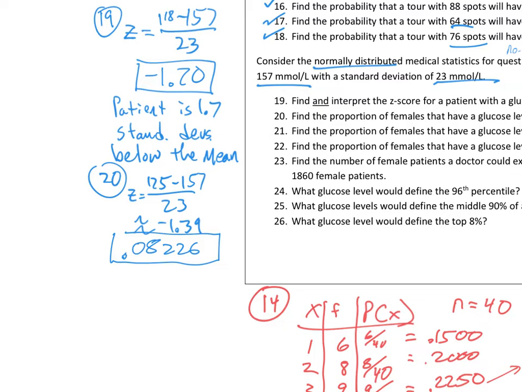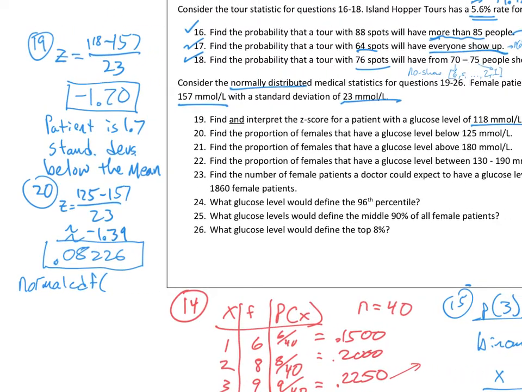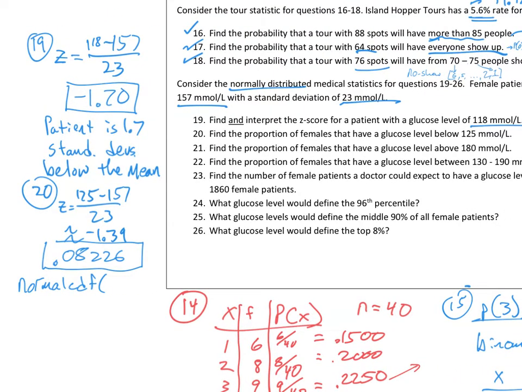Now, on our calculator, we can use normal CDF. We want everything that's below 125, because it says below.